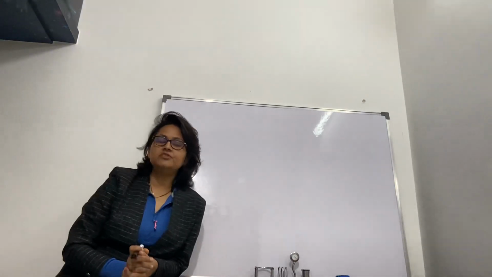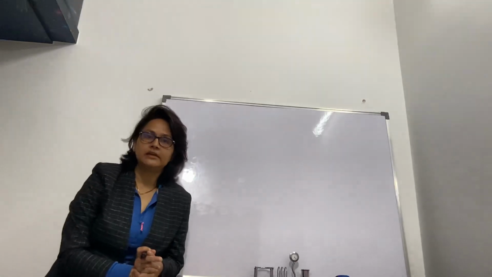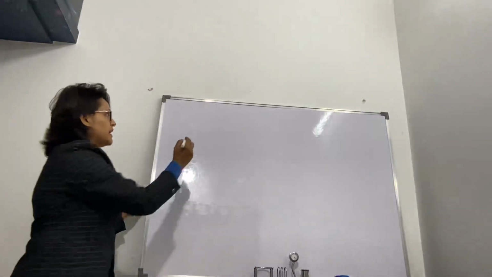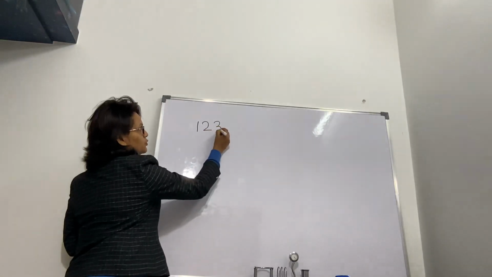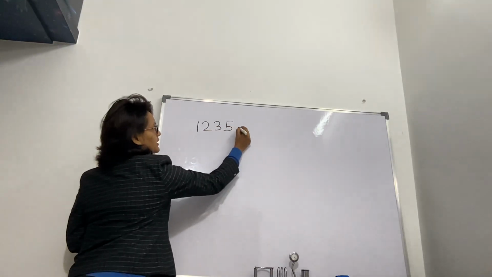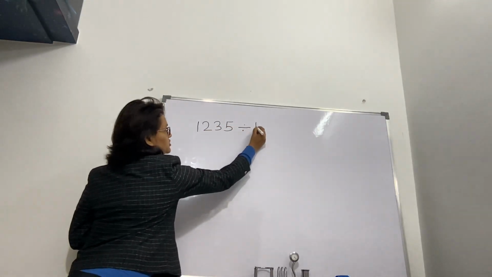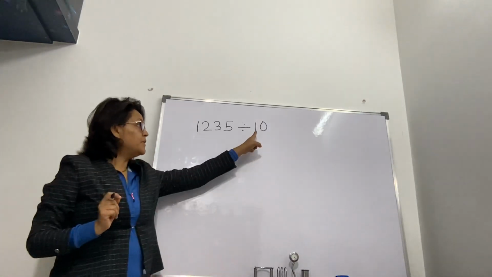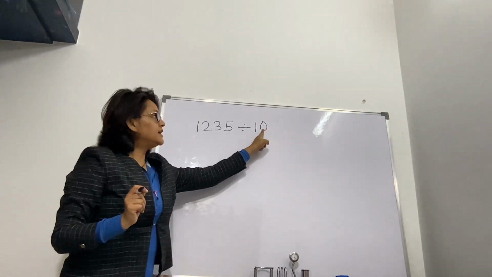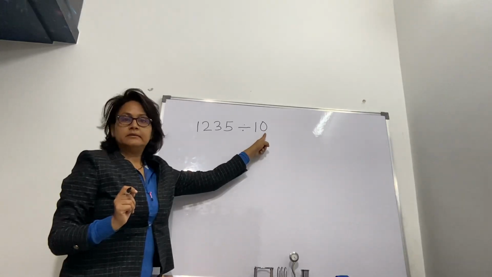The first thing which I am going to teach you now is, suppose I have taken the number 1235 divided by 10. Now, the number of zeros is directly proportional to the remainder.